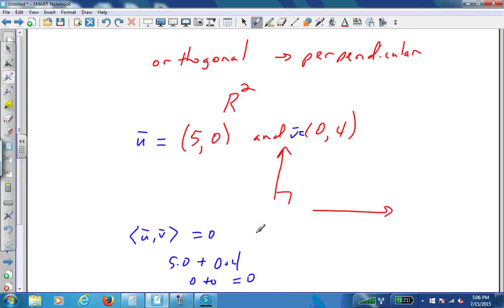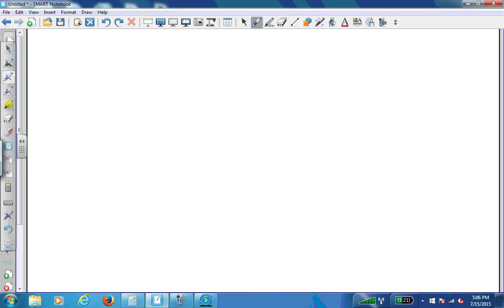So since that is 0, then yes, those are orthogonal. Now, in different inner product spaces, it might not be what we necessarily traditionally think as being perpendicular, but that's just the way we define orthogonal. It's when their inner product equals 0.